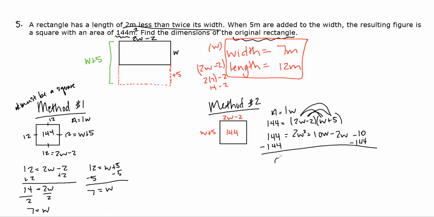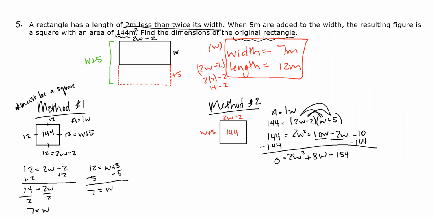So we have 0 equals 2W squared. Let's combine these. I forgot about those two, so that'll be an 8W. Let me fix that really fast. And then negative 10 minus 144 is negative 154.